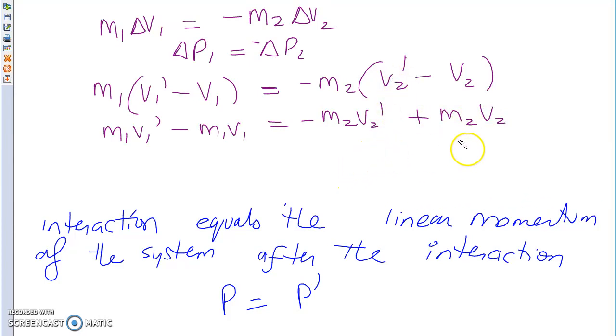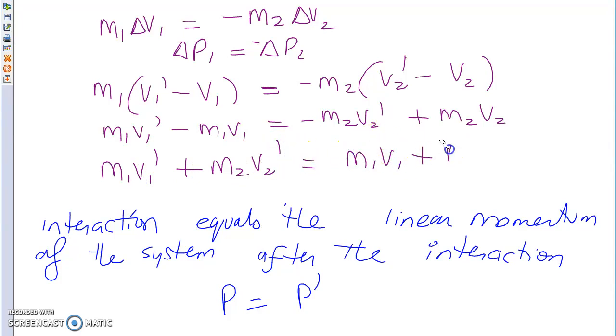Okay, so now what we're going to do is we're going to take the objects before their interaction and we're going to look at the objects after the interaction. So we're going to move this onto this side and move this onto this side. So this is going to become m1 v1 prime plus m2 v2 prime, which equals m1 v1 plus m2 v2.